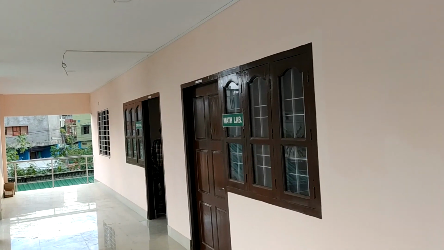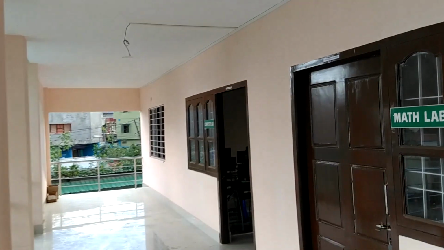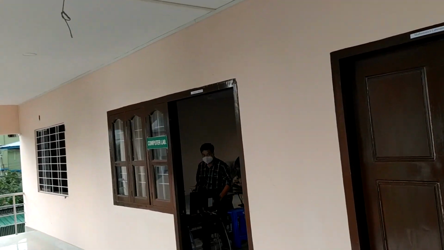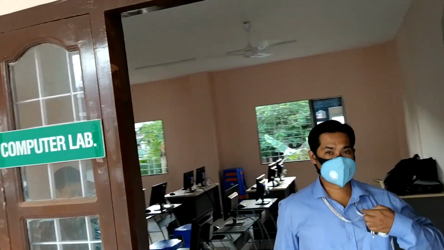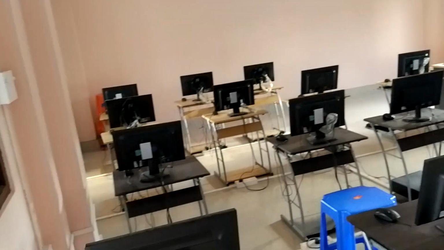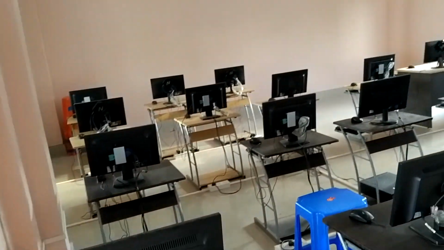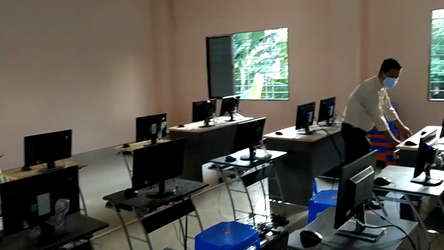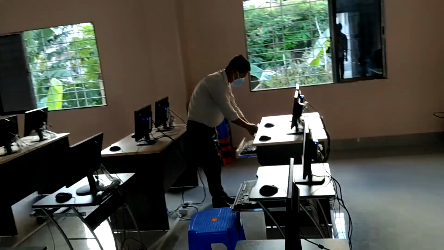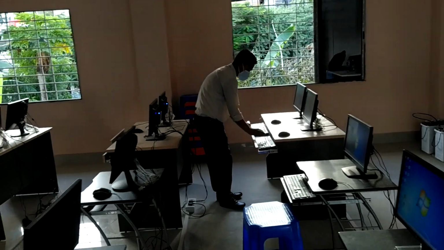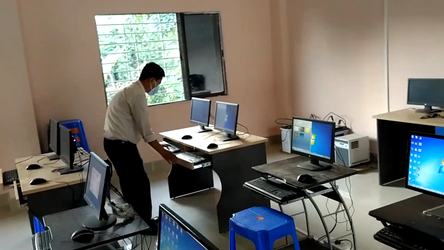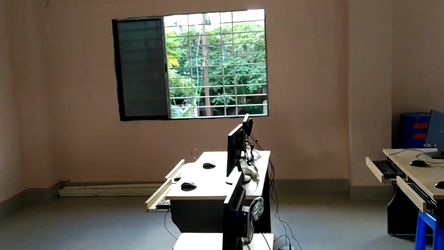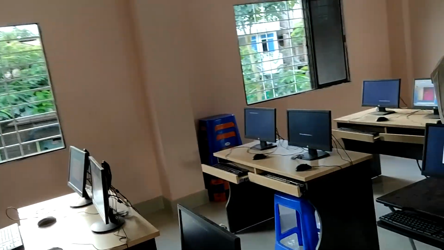And on the first floor of the laboratory block we have the computer laboratory. As you can see, this is the computer lab for our school.